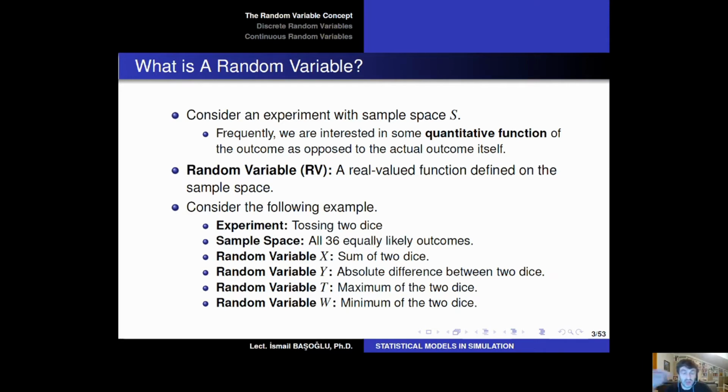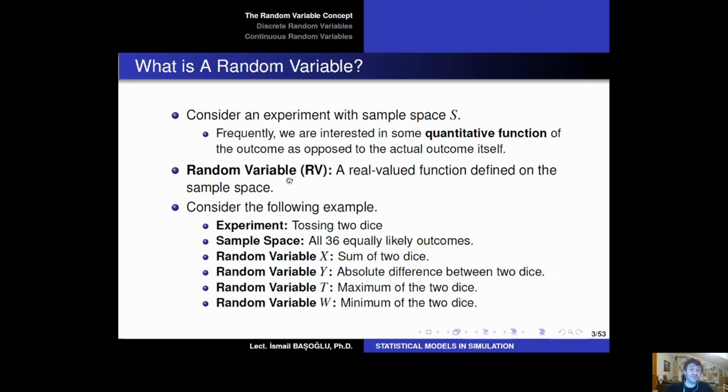But when you write down integers in each side of the die, then it is just going to be a quantitative function of the outcome. So to the faces of a die, instead of writing numbers, if you just color the faces with different colors, then the outcome itself is just going to be the name of the color. So we are quantifying the outcome by writing a number on the faces of a die.